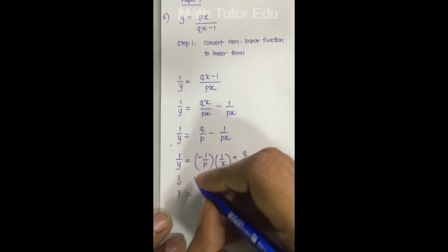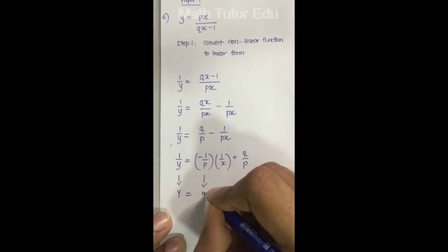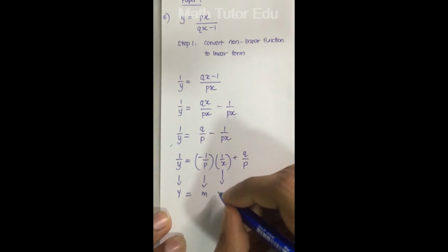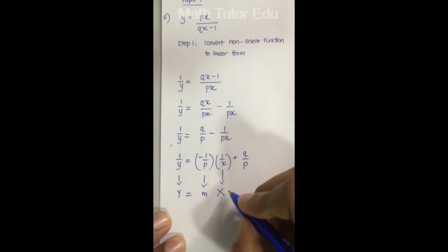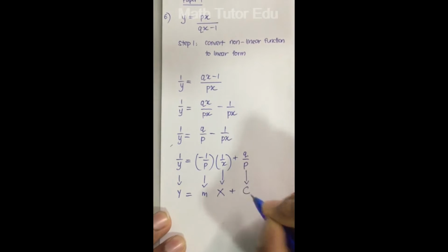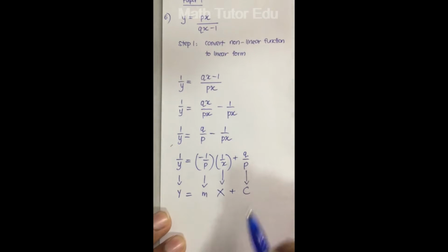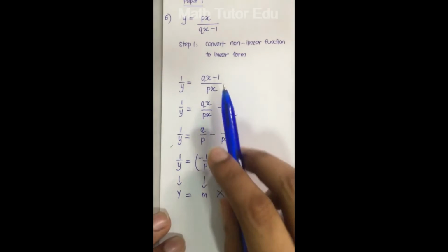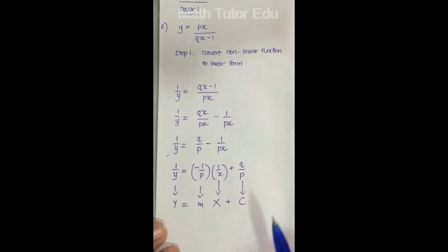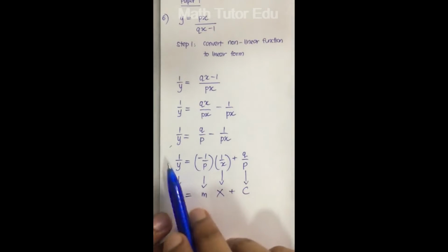This negative 1 over p is representing the gradient of the straight line. This 1 over x is representing the x-axis. This q over p is representing the y-intercept, which in this case is c. So now we have successfully converted the non-linear function to linear form.